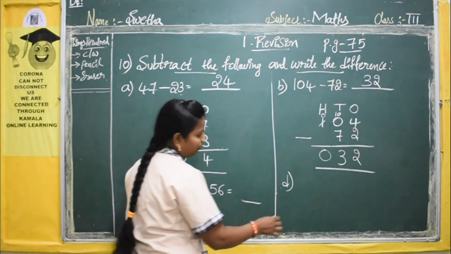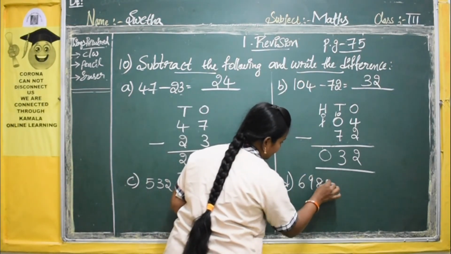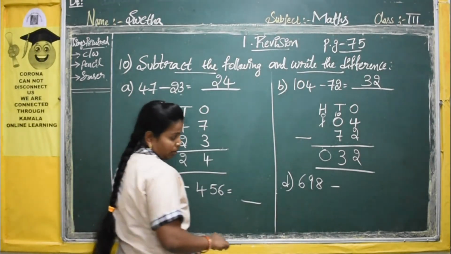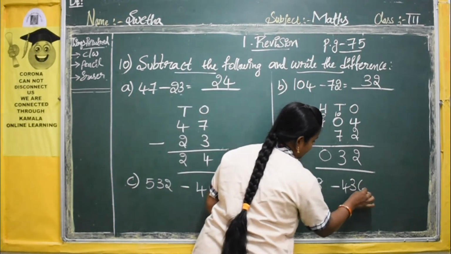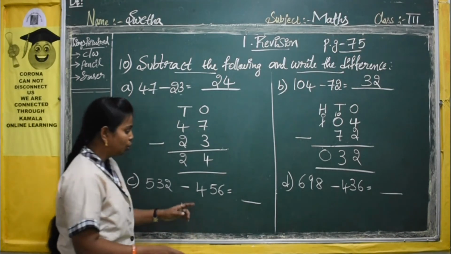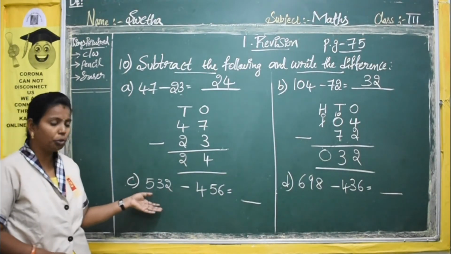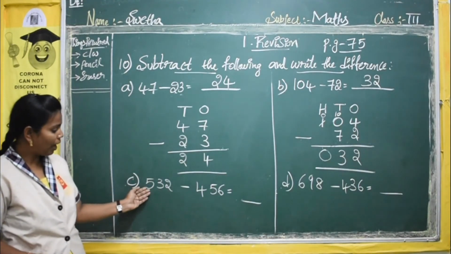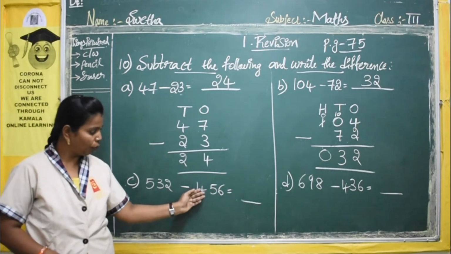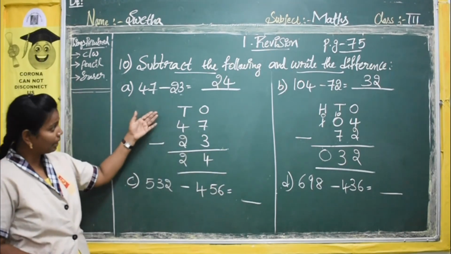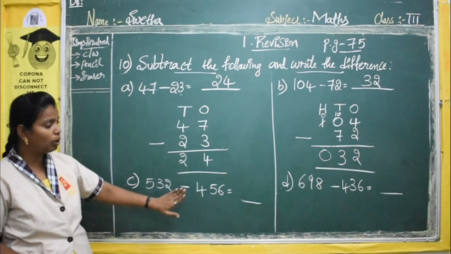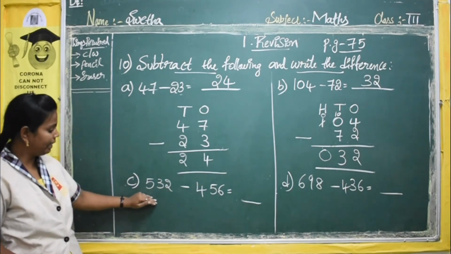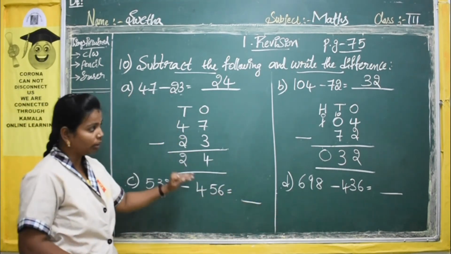What is the D1? 698 minus 436. So for these 2 problems also you have to do it in the same way. 532 minus 456. Do it in the same way. First write the places. These 2 are homework. Okay. C and D are for homework.